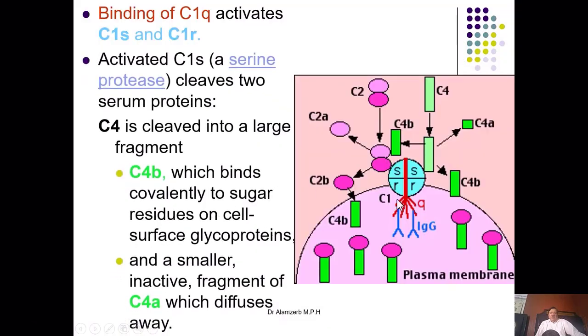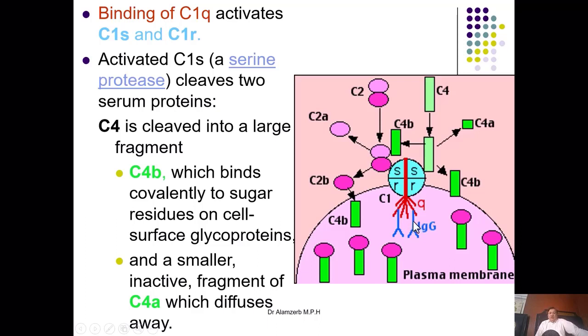Here you can see that this is the C1 protein. You can see that here we have two molecules of S, two molecules of R and one molecule of Q. This is the C1 protein. The C1 protein attaches to the tail of the antibody, IgG or IgM. There is a site for its attachment.